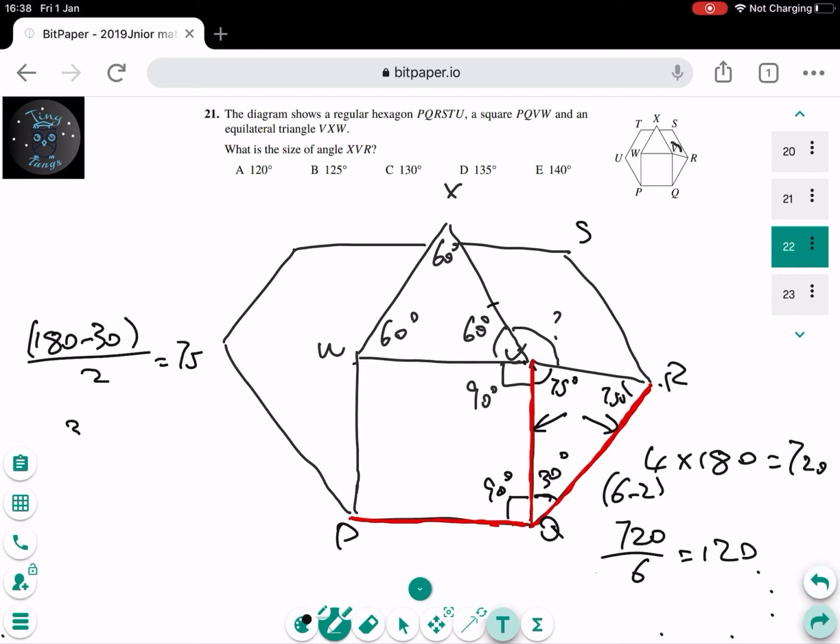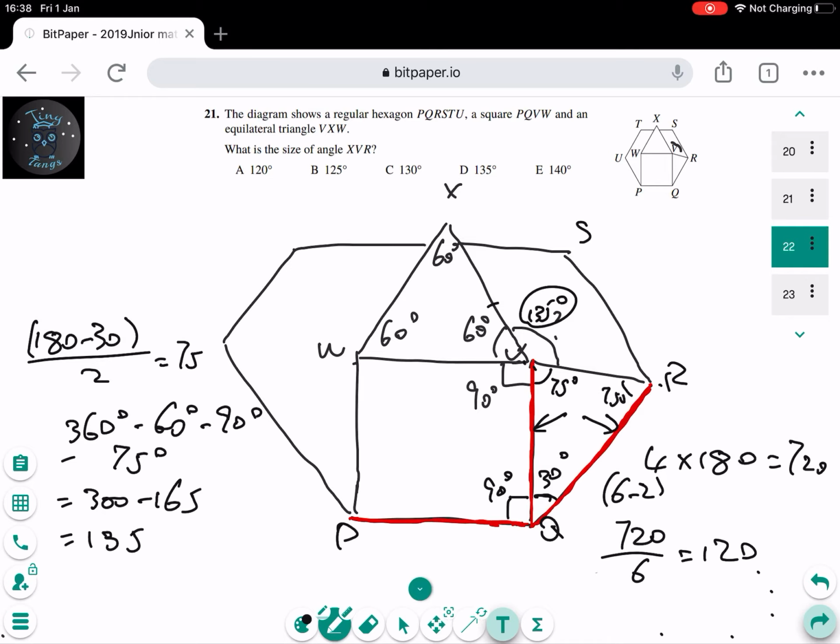So 360 degrees minus 60 degrees minus 90 degrees minus 75 degrees equals 300 minus 165, which equals 135. So the answer is D, 135 degrees.